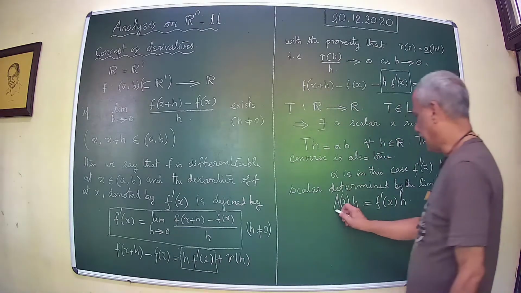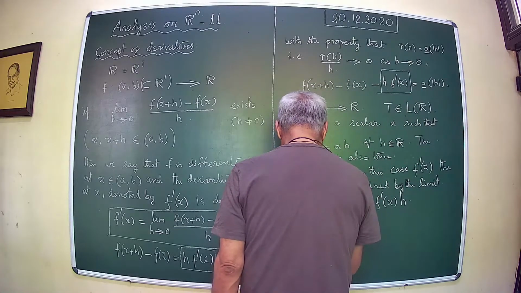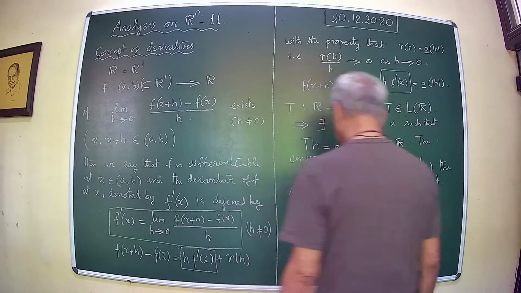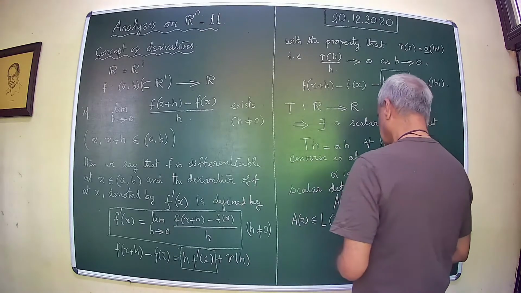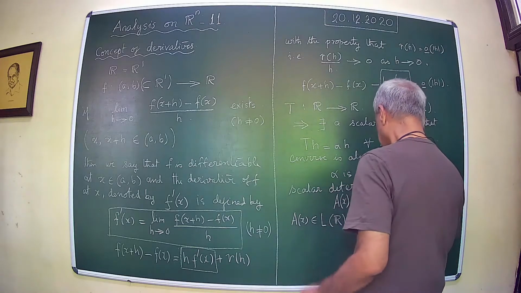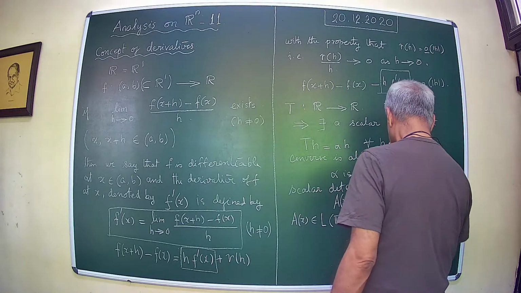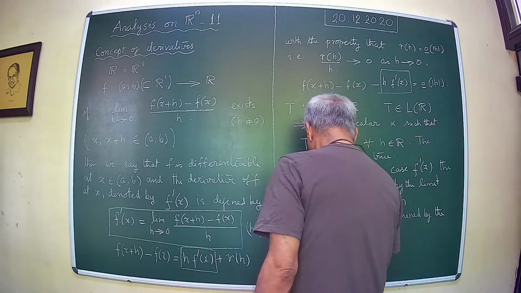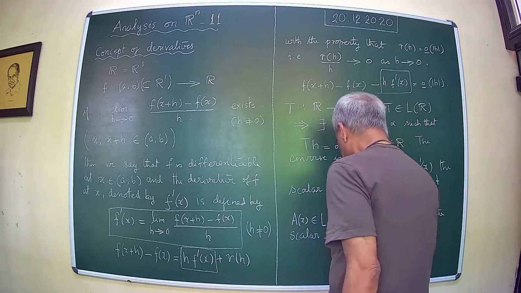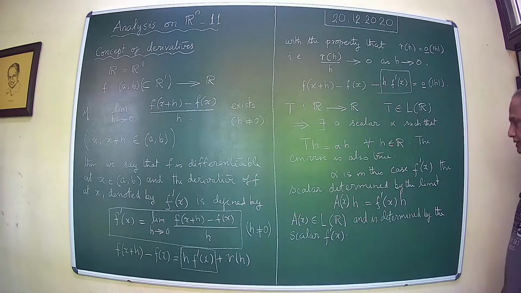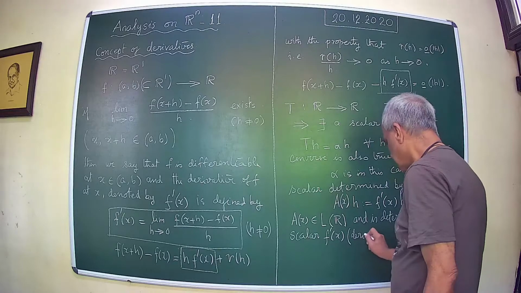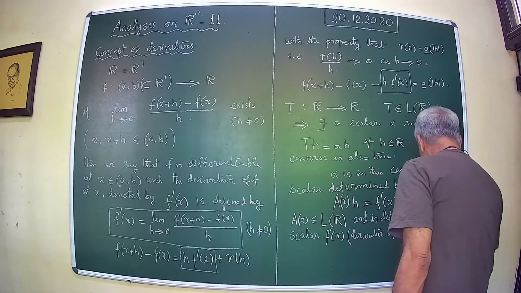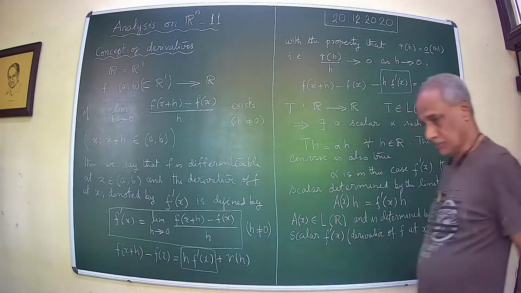Okay, and you see that A x belongs to L(R), by the scalar f derivative of x, that is the derivative of f evaluated at x, if the limit exists, of course.